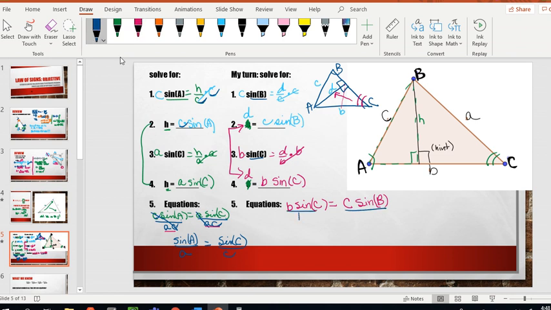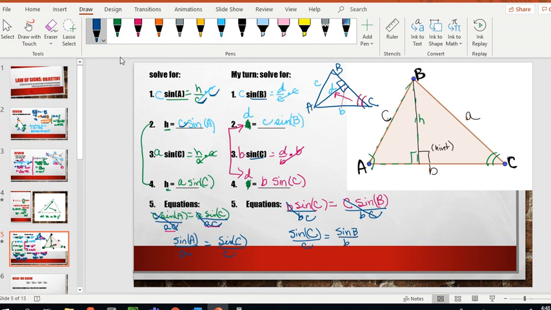I'm going to divide by B and C. The B's cancel here, the C's cancel there. This leaves me sine of C over lowercase c equals sine of B over lowercase b.